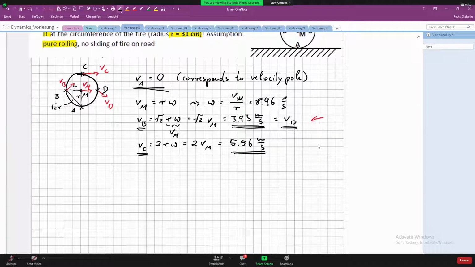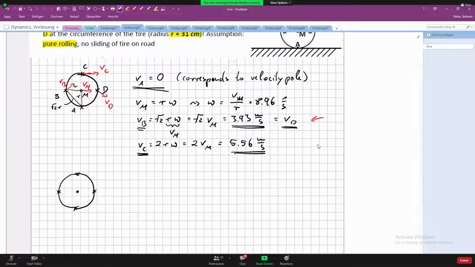To do that, I will draw the tire again at the center, and then points A, B, C, and D. And maybe I will solve it for the velocities in the standard approach as well, for you to have both options, to see both possible solution paths. So let's do the velocities again.